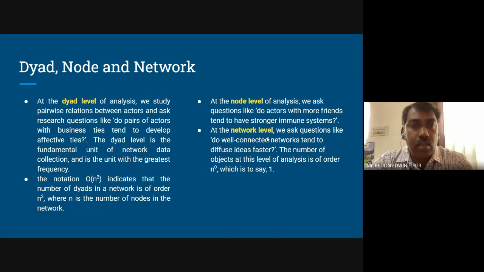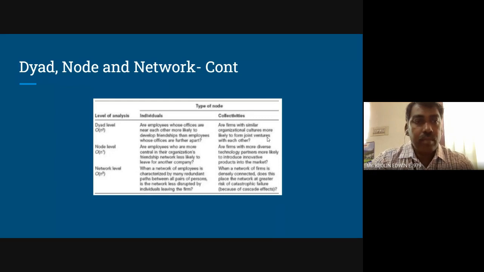Yes, you can move to the next slide. Here you have different levels of analysis. As I told, through graphs we analyze different modes of networks. In the dyad level, dyad means two entities that can be interconnected. For the dyad level, we have the formula O(n^2), where n squared means 2.